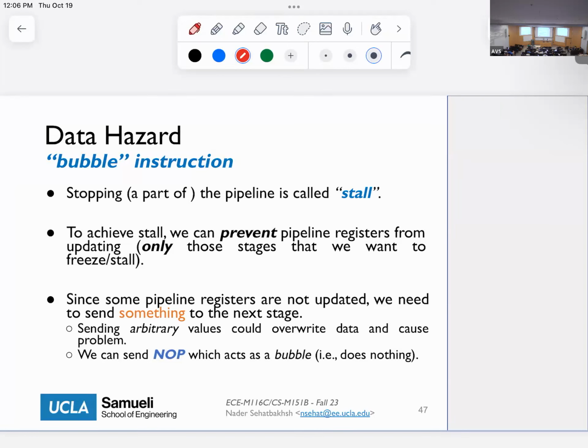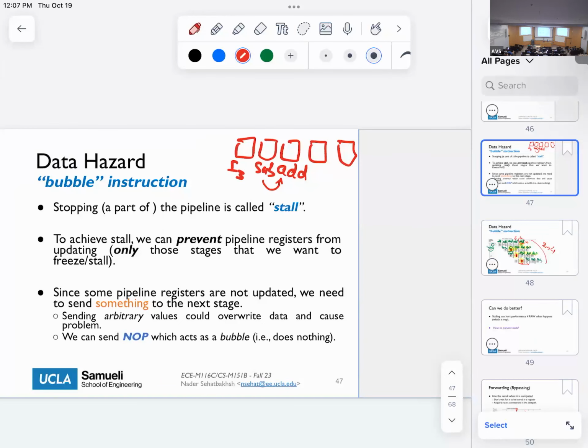So if this is your 5-stage pipeline, you had add here, for example, and you had sub here, and maybe the next instruction here, I3 or whatever you want to call it. At this point, since the sub is dependent on the add, the next cycle we cannot do it. Let me do it this way.